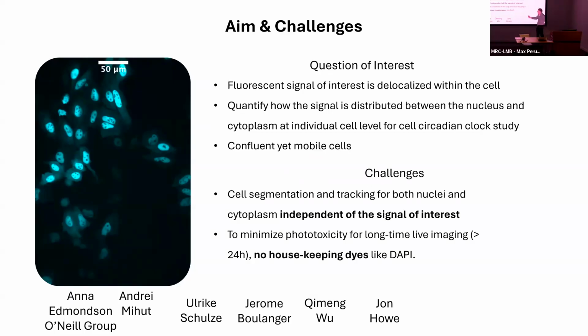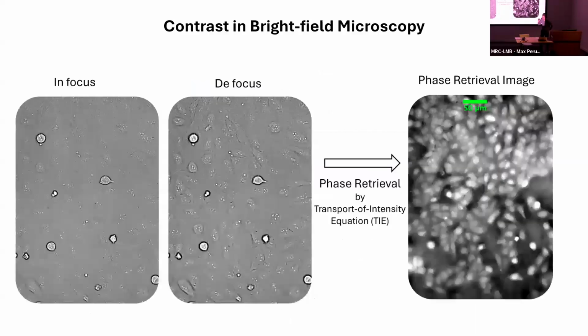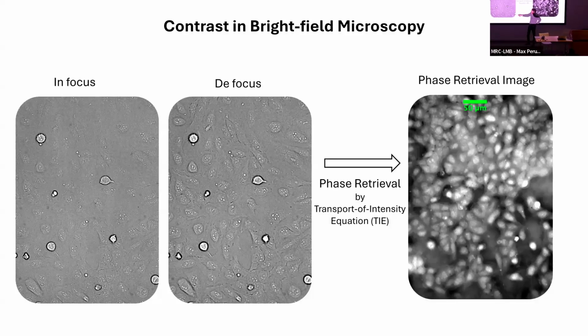To minimize phototoxicity, we definitely can't use DAPI. That will just kill everything. So doing this bright field virtual labeling technique was the trick. But there is also another thing in mind, which is that if we take a bright field image and slightly defocus the microscope, there's a big contrast change that we can use to tell us about the sample.